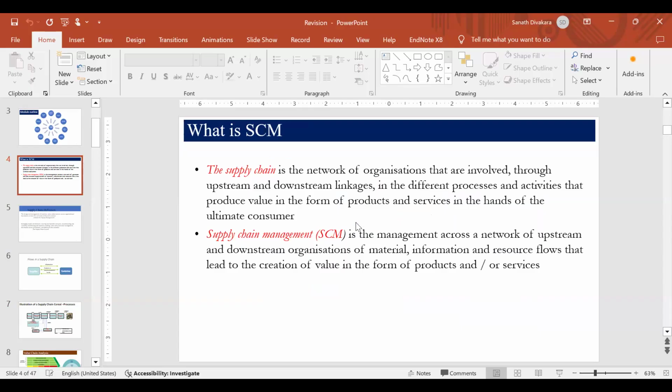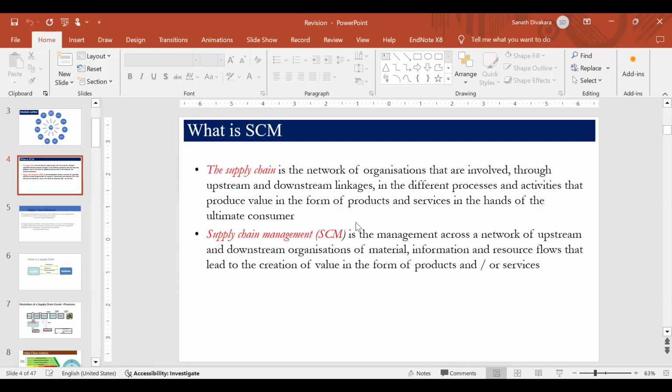Now the definition says material, information and resource flow leads to creation of value, right? Then there can be a question: discuss in detail the flows and the processes of supply chain management.